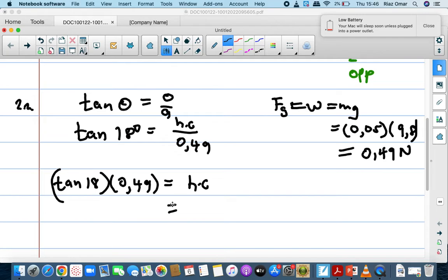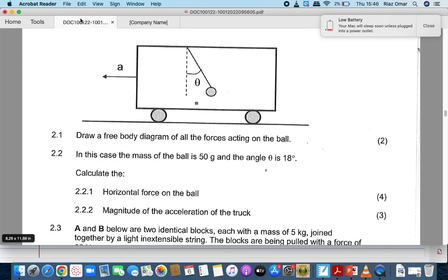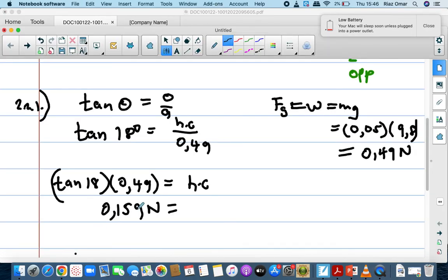This gives you 0.159. So that will be our answer, 0.159 newtons. So that will be the answer for 2.2 that we are looking for, the horizontal component on the ball.